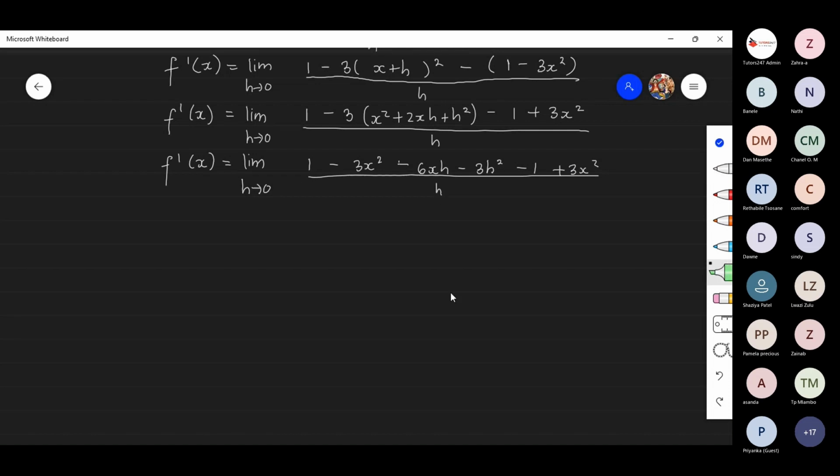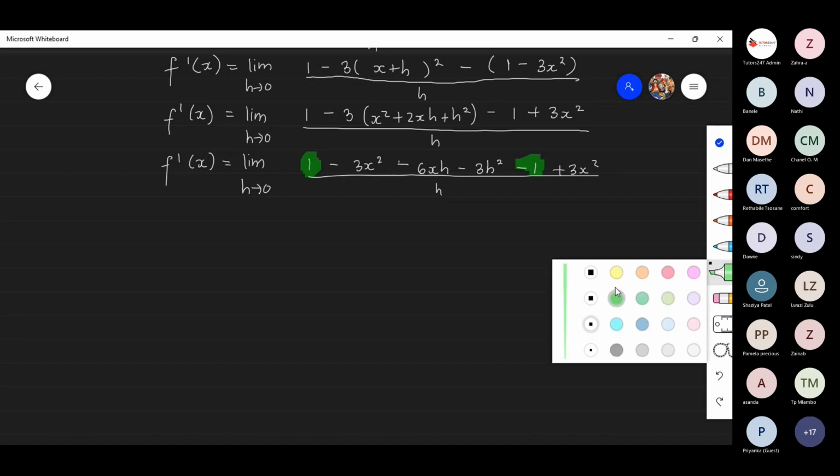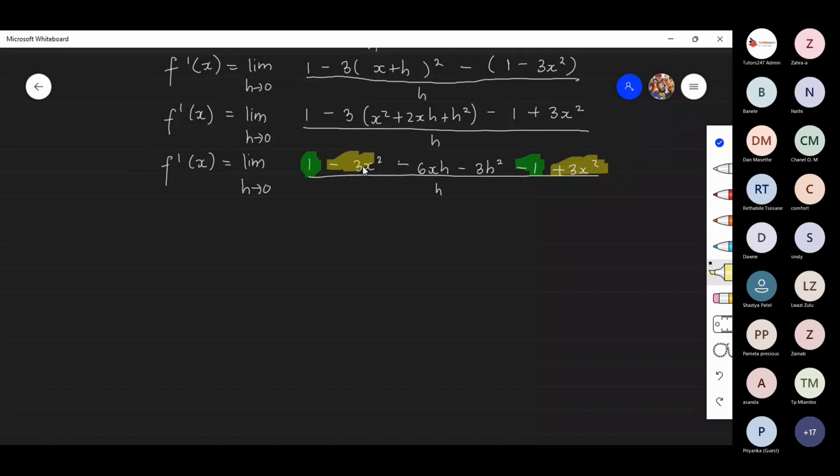Now, as you can see, we have +1 and -1, and we have positive 3x squared and negative 3x squared. So those will result in 0. And we will be left with negative 6hx minus 3h squared all over h.